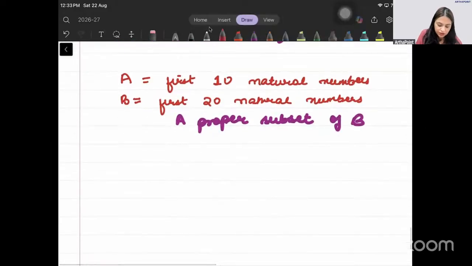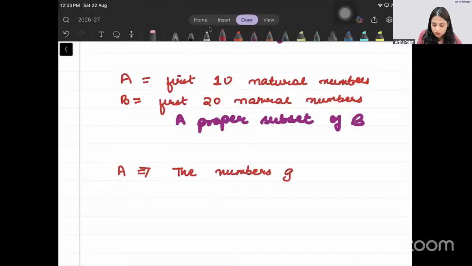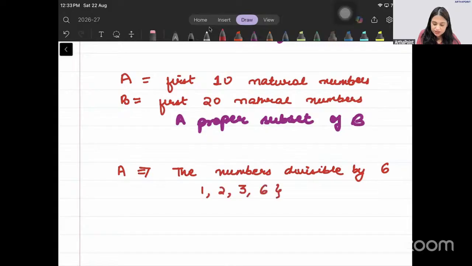But suppose I tell you A is the numbers divisible by 6. The numbers divisible by 6: 1, 2, 3, and 6.